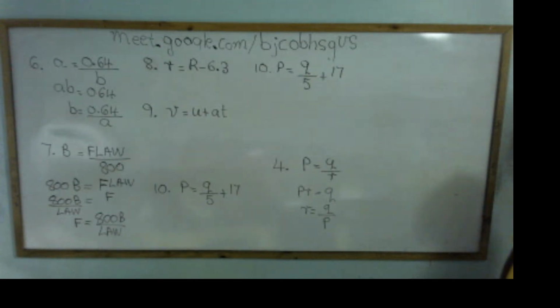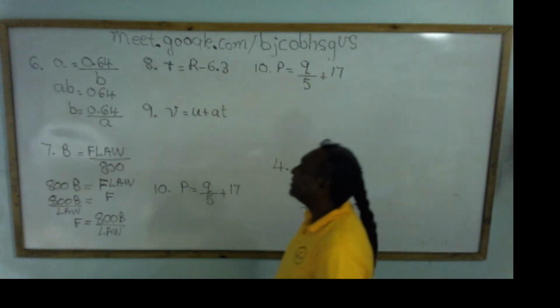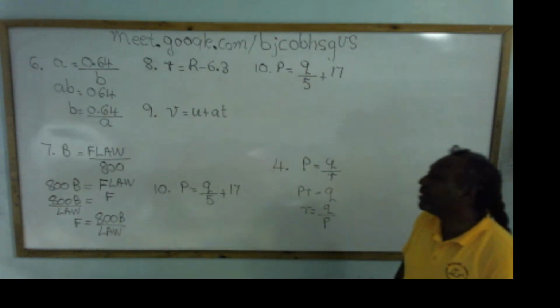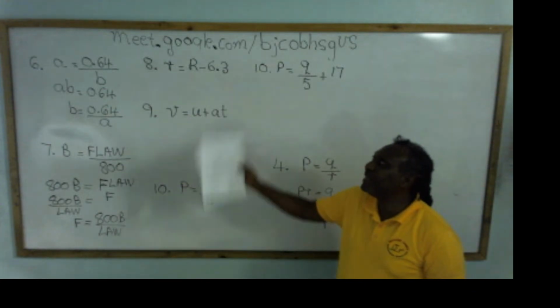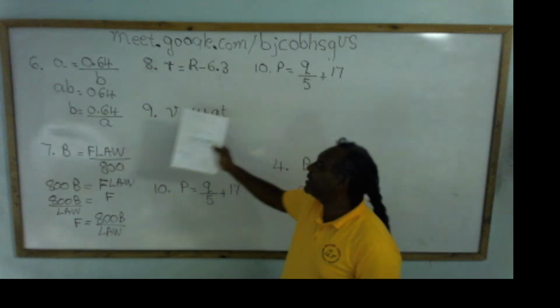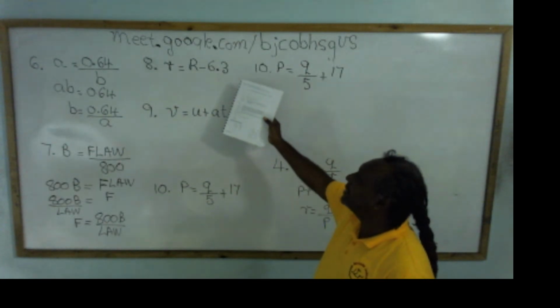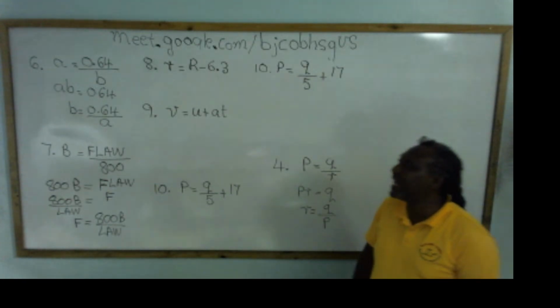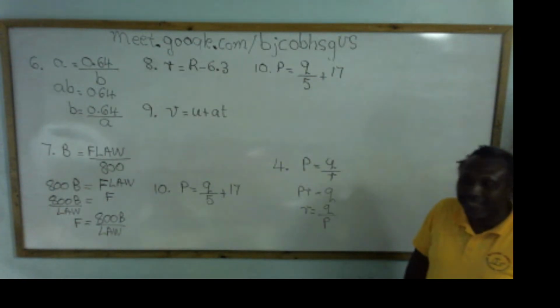Number 8. Of course, the proposed subject for this one is obvious, because surely it cannot be lowercase r, because it's already the subject, and surely it cannot be 6.3. So it must be the uppercase R that is the proposed subject.